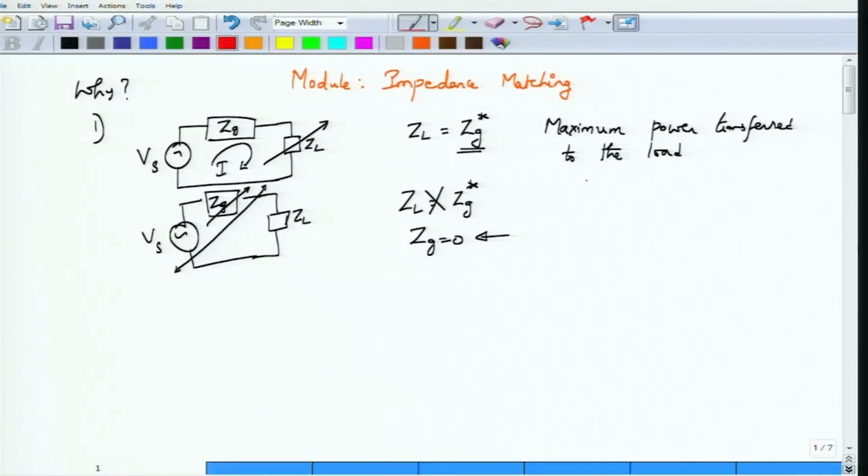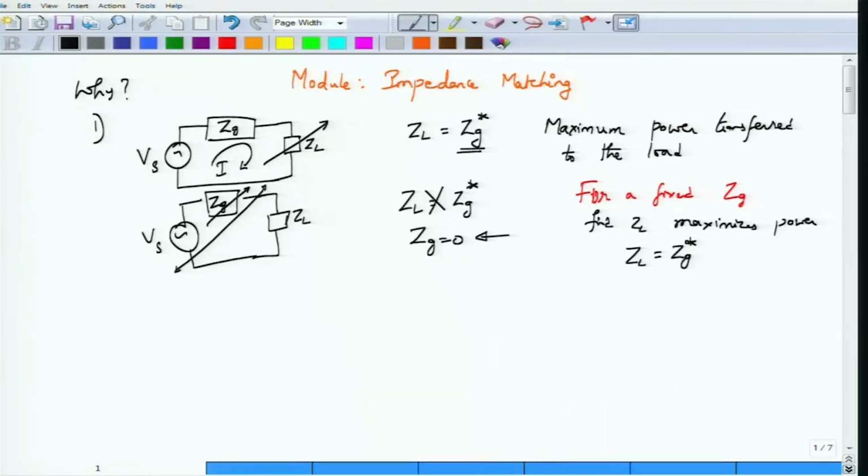Basically what it says is that for a fixed Zg, find ZL that maximizes power, and in this case that would be ZL equal to Zg complex conjugate. You don't normally encounter a situation where the load is fixed and you can vary the source impedance, but there are equivalent methods of achieving the second result.